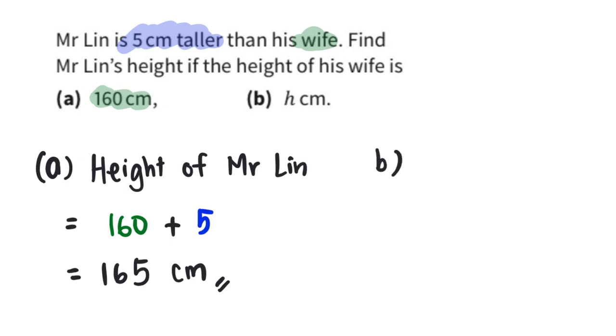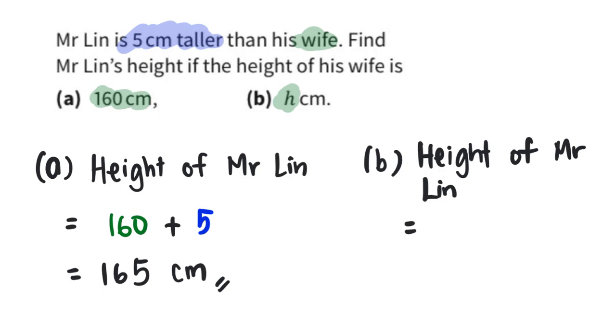As for part B, now the height is no longer 160 but h, and therefore in this case the height of Mr. Lin will be equal to h plus 5 cm. Okay, so you can choose to write in this form. Okay, let's move on to the next question.